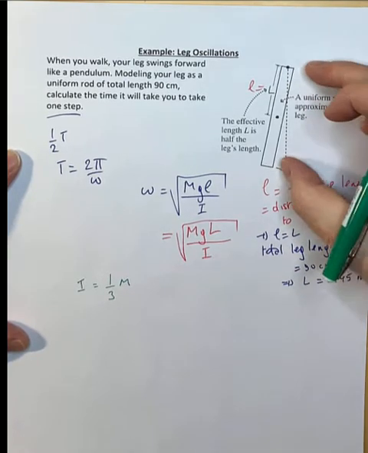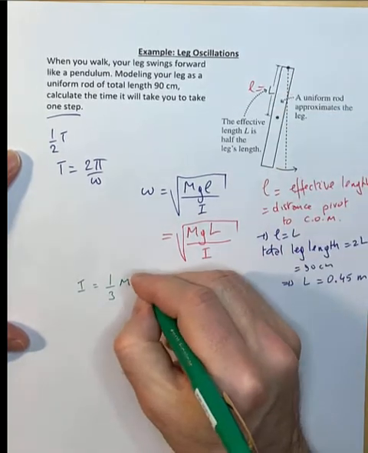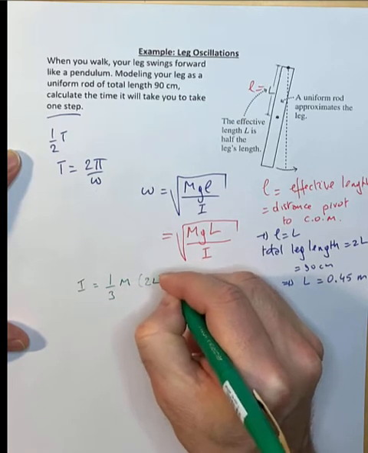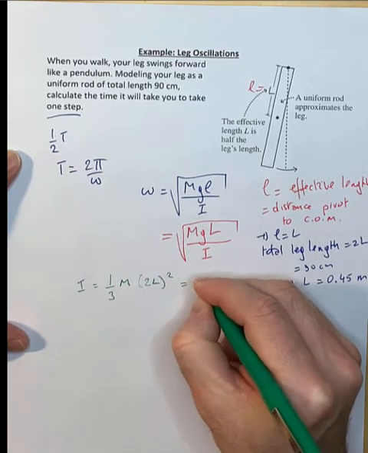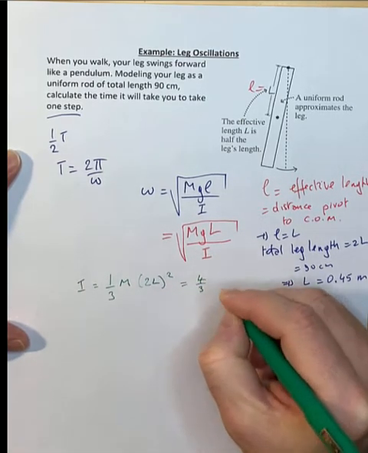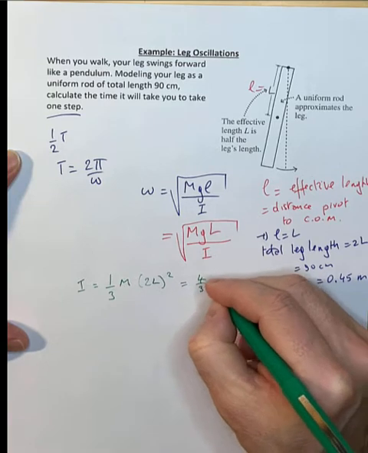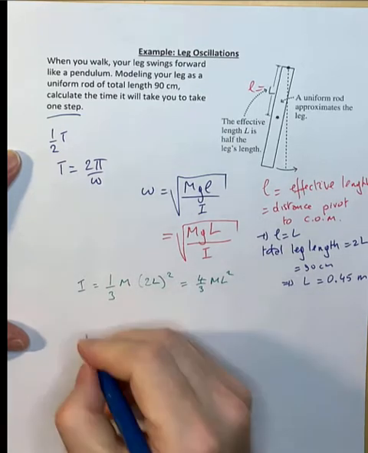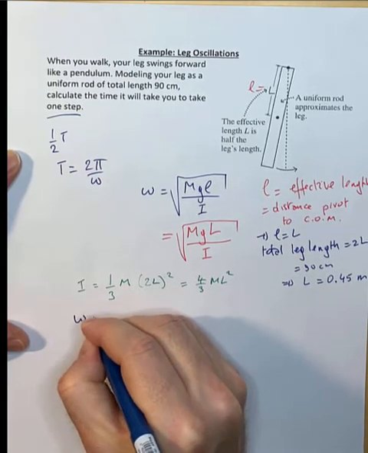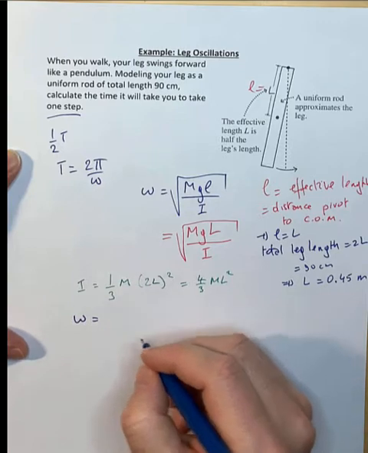Okay, now the total length is 2 times L. So the moment of inertia is 1/3 m times (2L) squared. So that's essentially 4/3 mL squared.